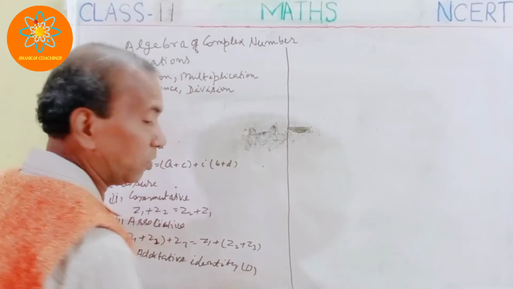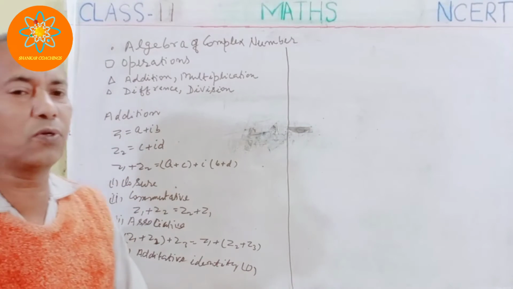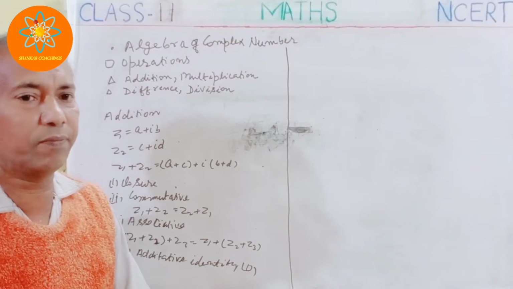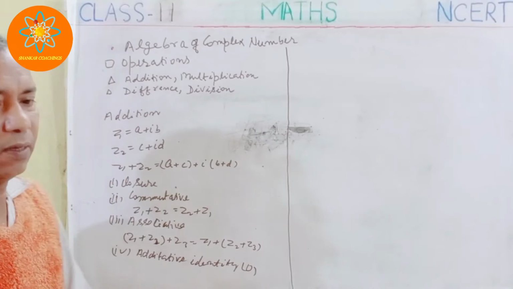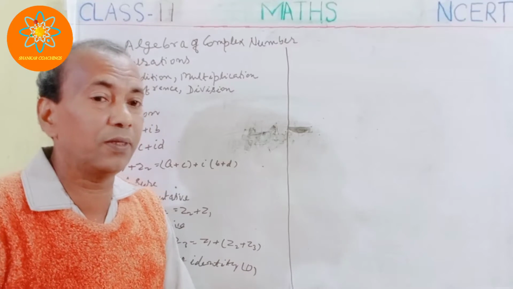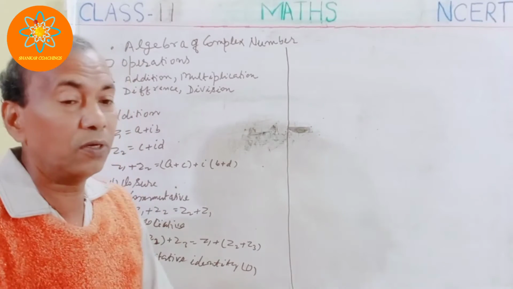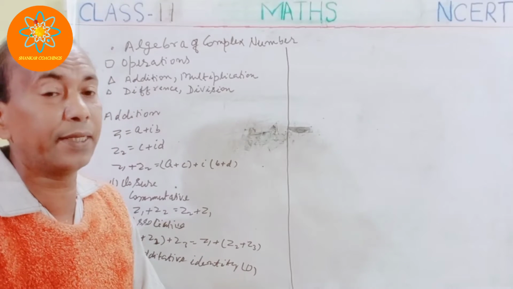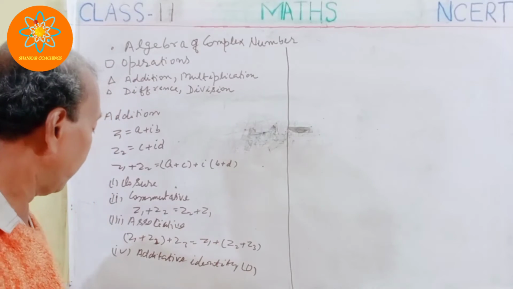The 0 is called the additive identity, meaning if I take any complex number and add 0, there will be no change in the complex number. So that indicates that 0 is the additive identity.